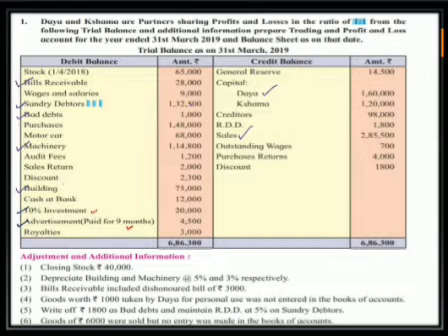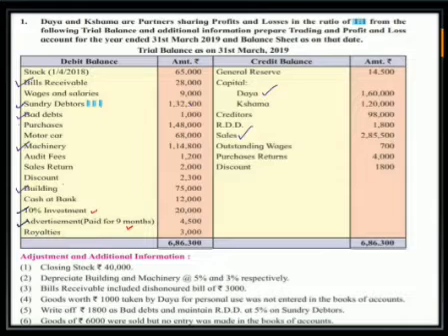Then the building, balance sheet asset side. Cash at bank, balance sheet asset side. 10% investment, balance sheet asset side. Advertisement paid for 9 months, profit and loss account debit side. Royalties, trading account debit side.